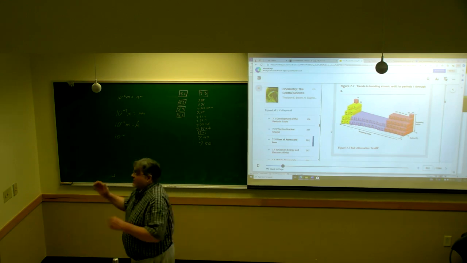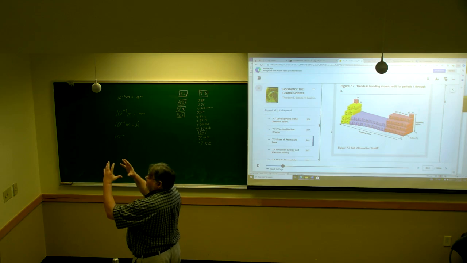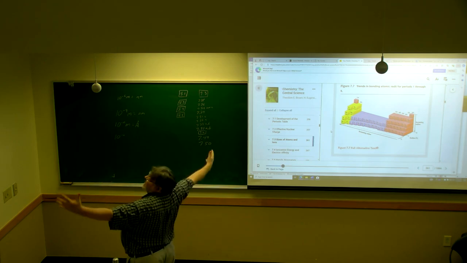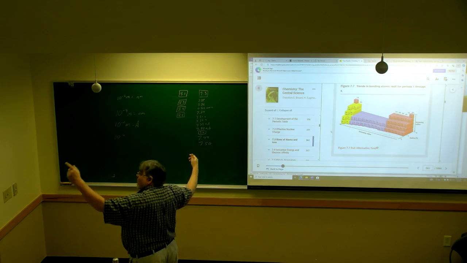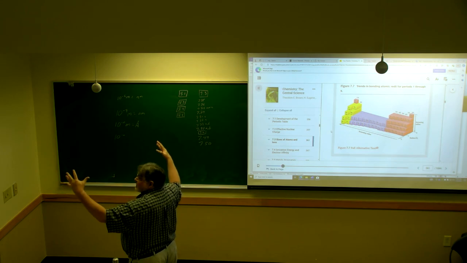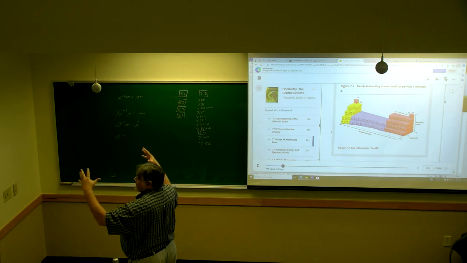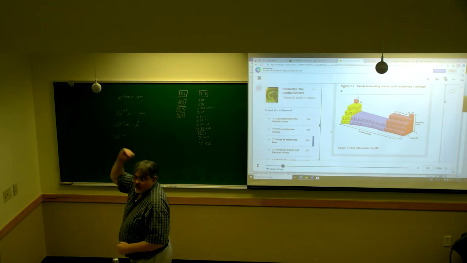If you start looking at the periodic table and you go, here's hydrogen, then you go over to helium to the right, it gets a little bit smaller. And then when you go down to the next row, it gets way bigger. And then you have lithium, beryllium, boron, carbon, nitrogen. So lithium and then beryllium's just a little bit smaller, and then boron's a little smaller, and carbon's a little smaller. You get all the way to neon, but it never gets so small as to be as small as any atoms in the row above it.